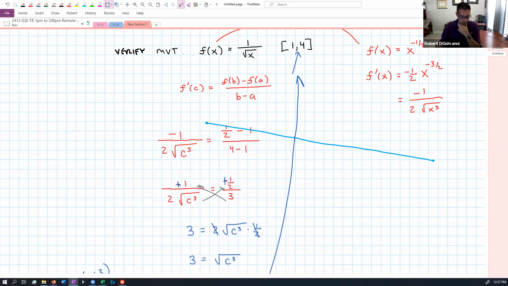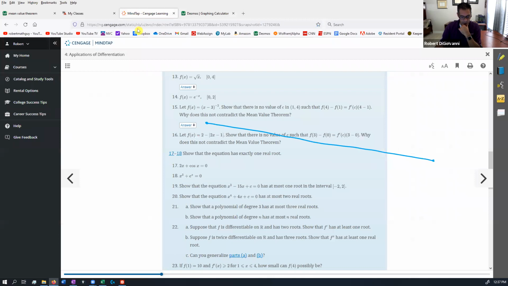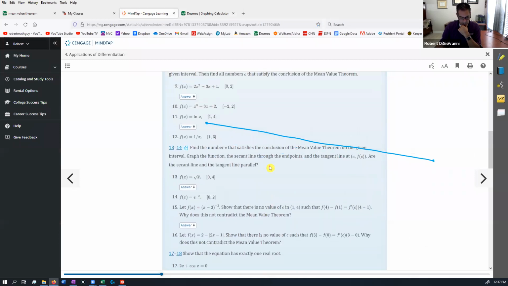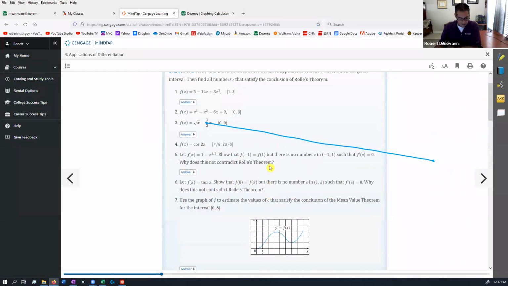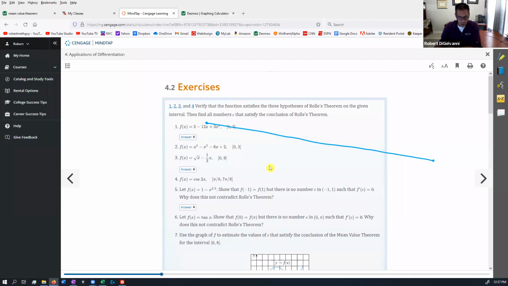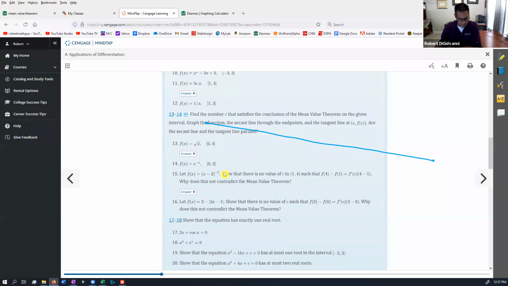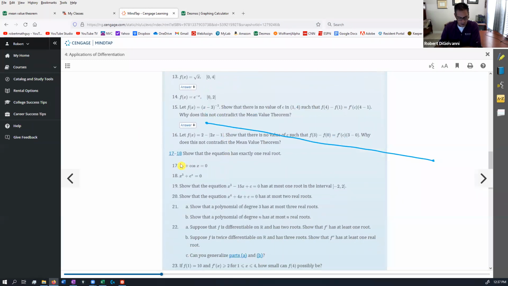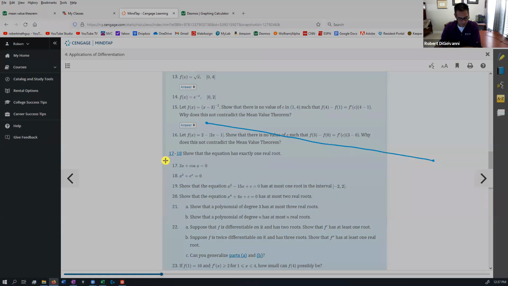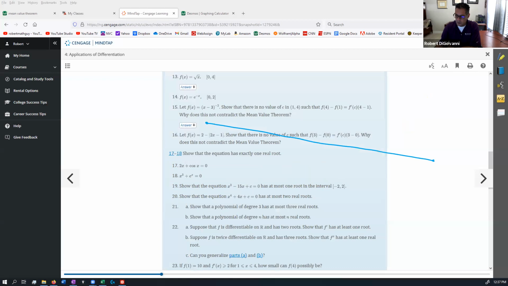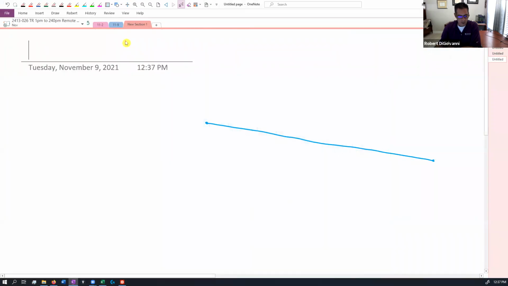Now let's see how we can use the mean value theorem to answer some other questions. So I have something else here for us to look at. For the homework, you're going to be asked to verify the mean value theorem for these functions. And then the ones that are interesting, I think, are these right here.